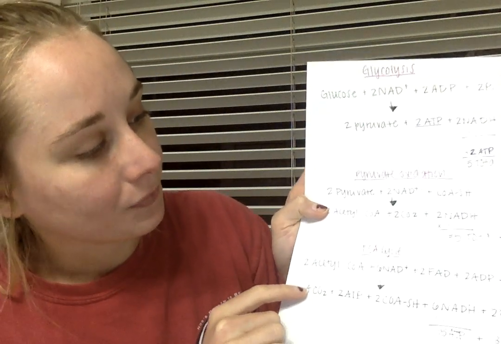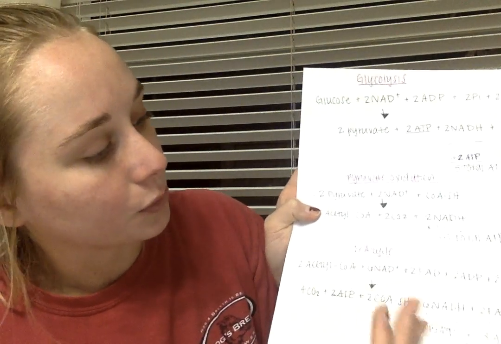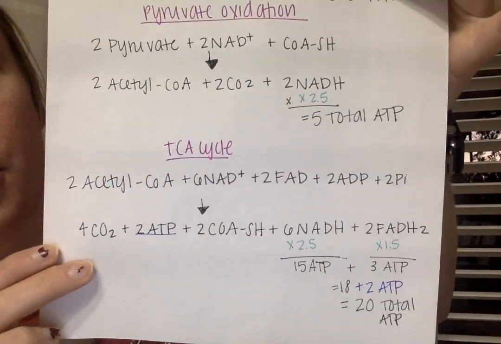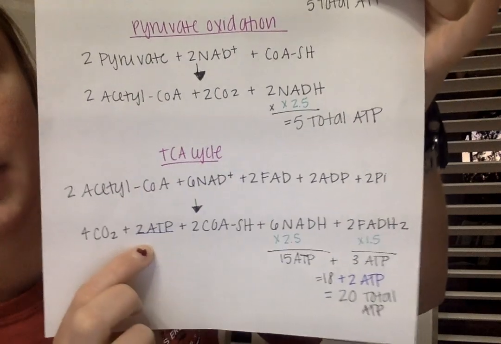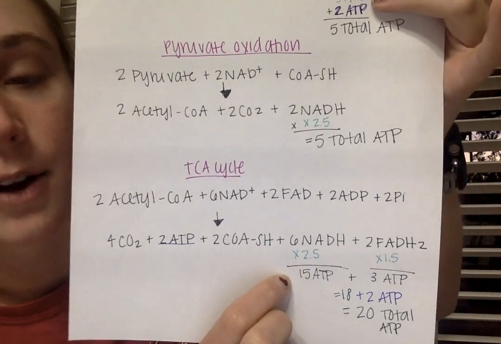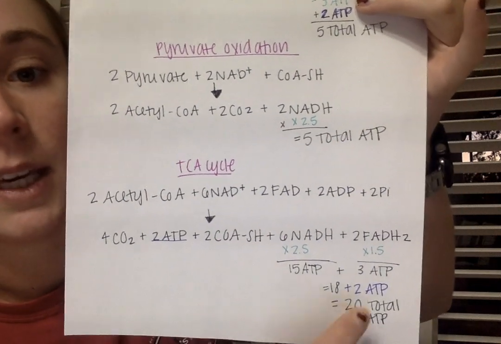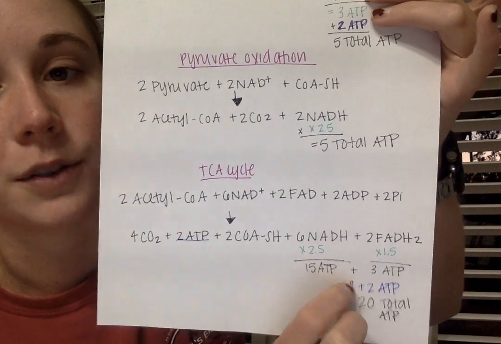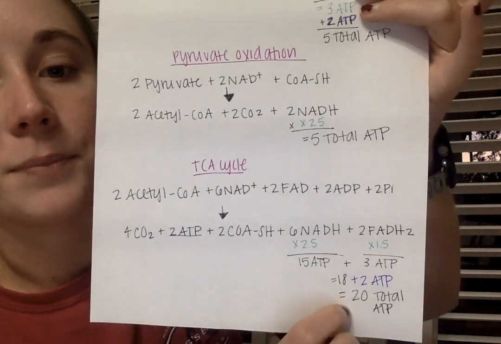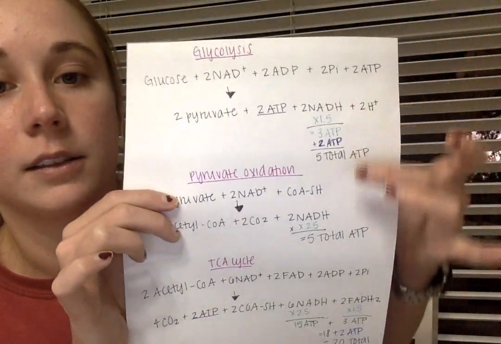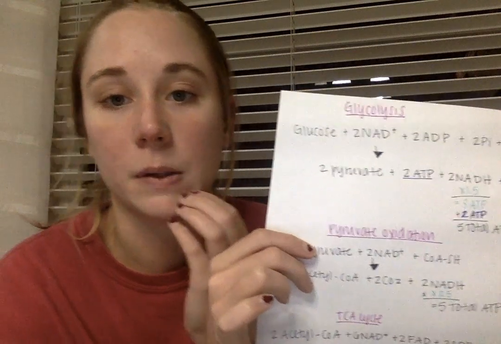And so then here, in this reaction that I wrote out, with the 2 ATP made, the 6 NADH made accounting for 2.5 ATP each, and then FADH2 made, which accounts for 1.5, that equals out to 20, and then plus the 10 ATPs up here, that would give you 30 ATP molecules.